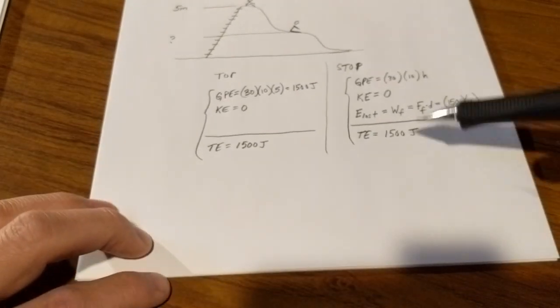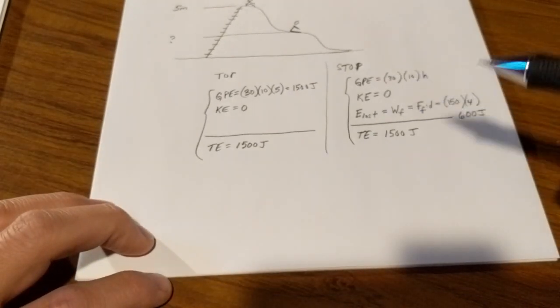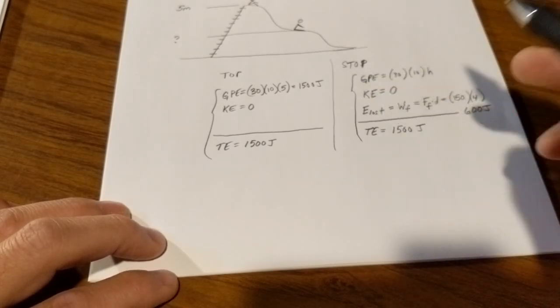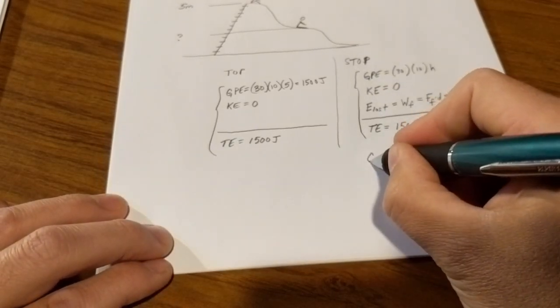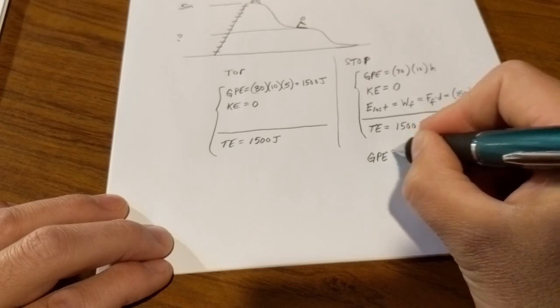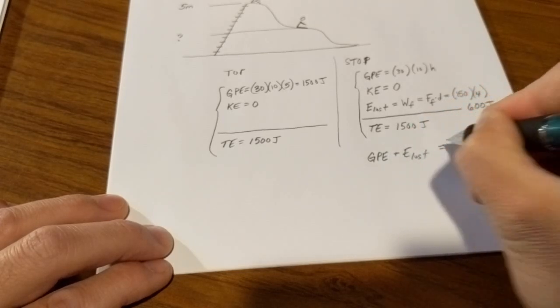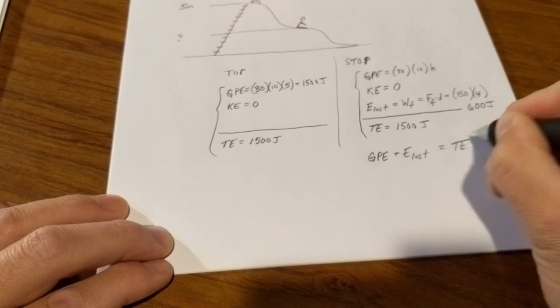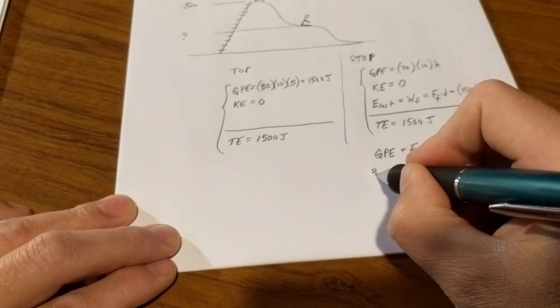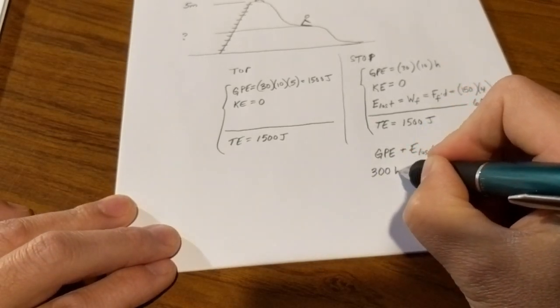If we now pull out our energy account on the stop side, we can write that the gravitational potential energy plus the energy lost has to be equal to the total energy. This gravitational potential energy is 300 times the height.